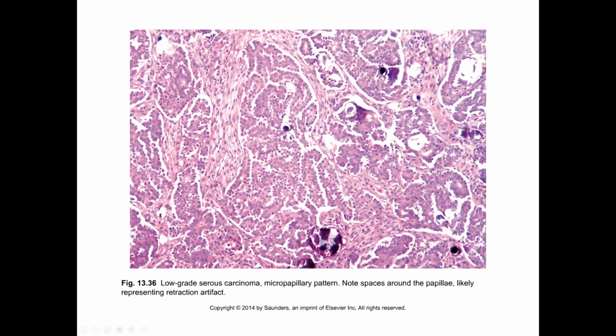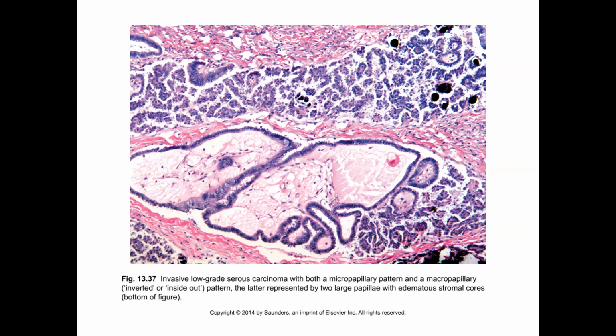At higher magnification, we can see these tumor cells with really tufted nuclei, almost hobnail type cells, abundant psammoma bodies, and these confluent papillary structures. Here's a mixture of both borderline or benign serous tumor with a more confluent micropapillary serous carcinoma.